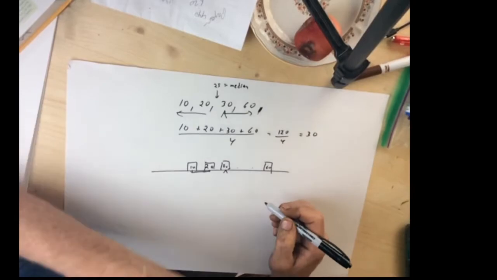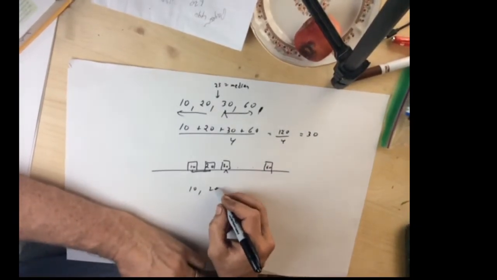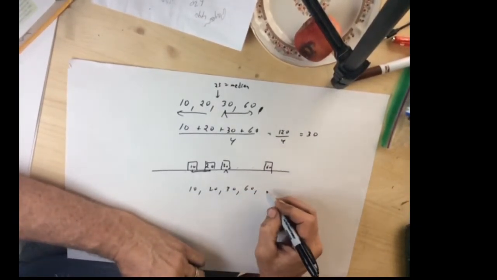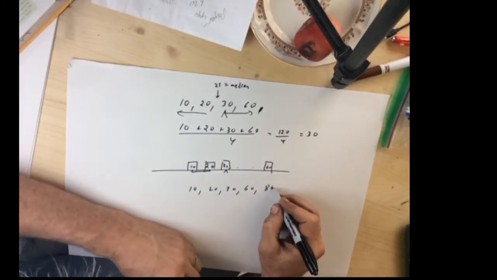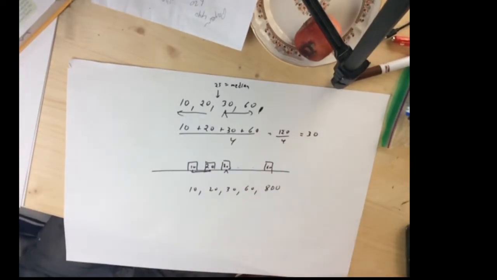Now let's add a piece to this data set. Let's do 10, 20, 30, 60, 800. Now that's pretty crazy. That's a big number compared to the others.